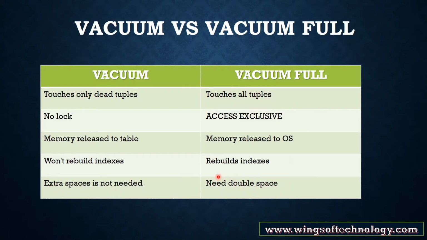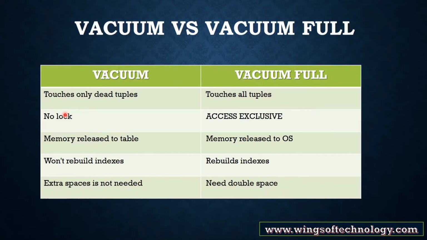This is why it needs double space. Let's say the table has 10 GB worth of data. It will copy all 10 GB of data to another 10 GB. Total comes to 20 GB. That's why it needs double space. For vacuum, extra space is not needed because it is just removing the dead rows.